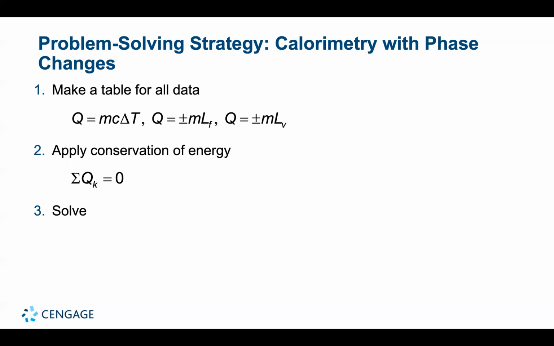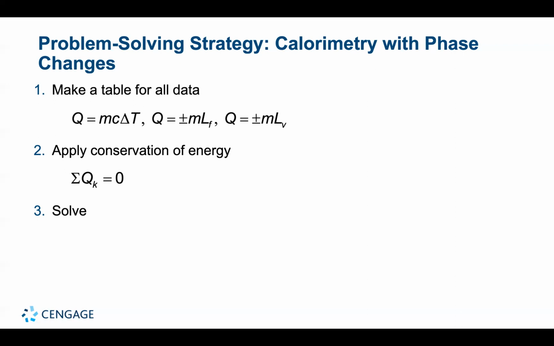Transfers of thermal energy in this last column are given by the first equation shown, and phase changes are given by the second equation for the changes between liquid and solid, and by the third equation for changes between liquid and gas. So that's number 1.